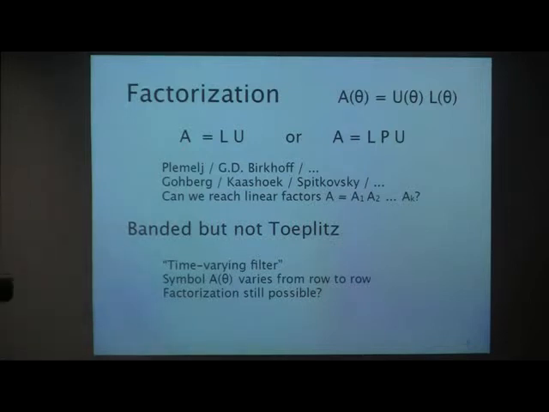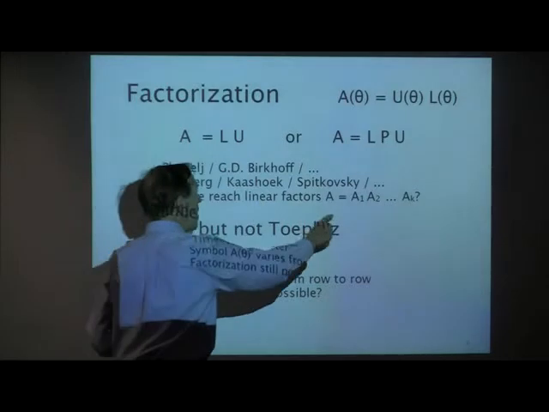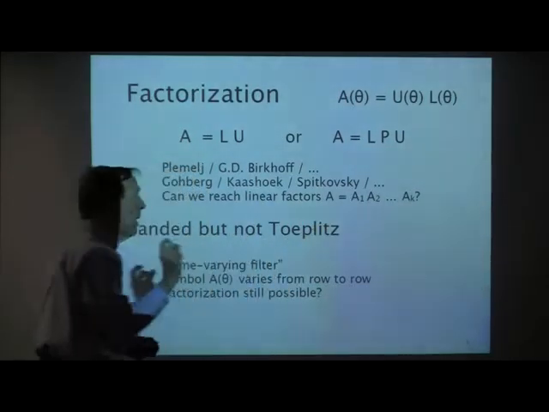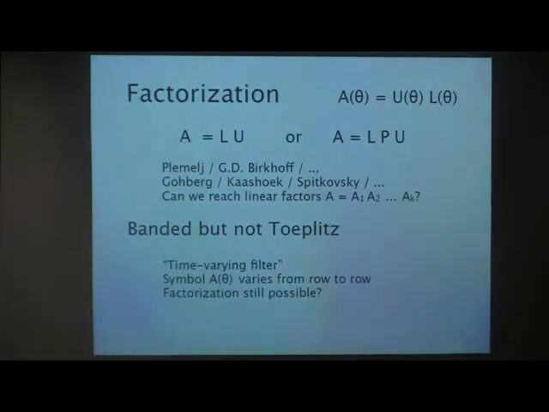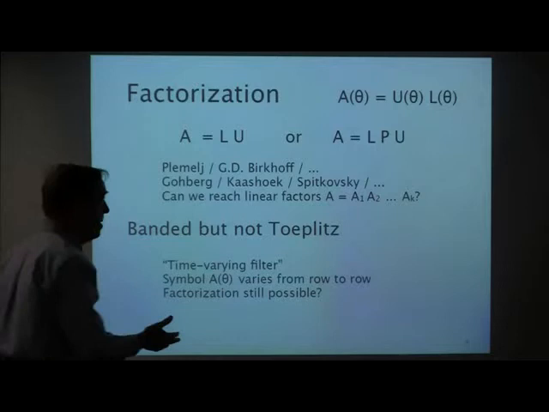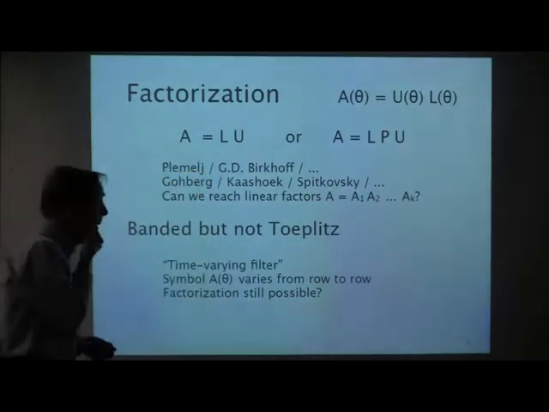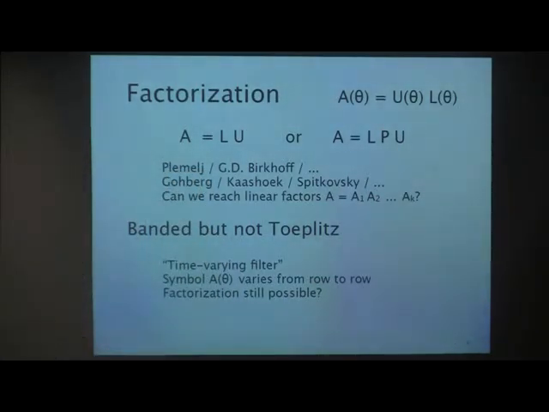And then, talking to Spitkovsky, I wondered, here's a question, which I think we could answer but didn't really nail it down. Suppose you have a polynomial, say an ordinary matrix polynomial. Can you factor it into linear factors, the way you would factor an ordinary scalar polynomial?